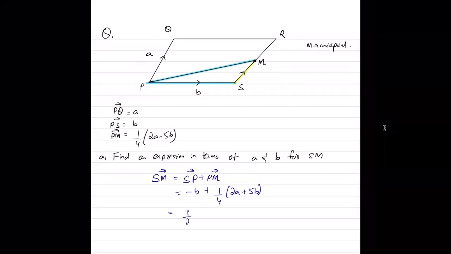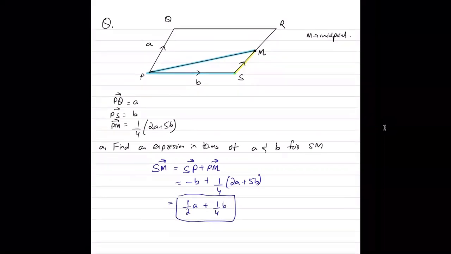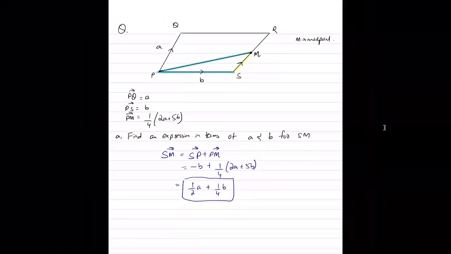So that means half A plus 1/4B. Okay, the next part says find an expression for QR. Try this one.